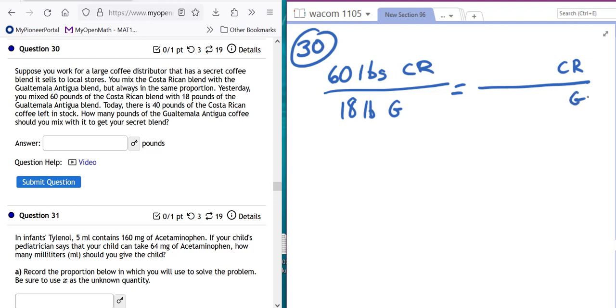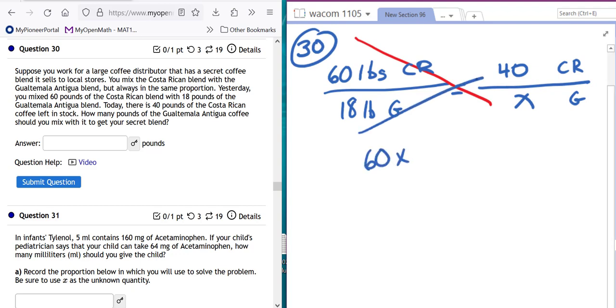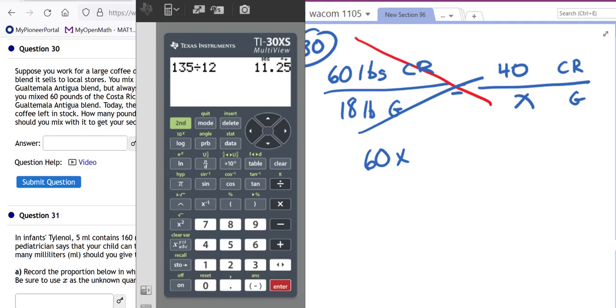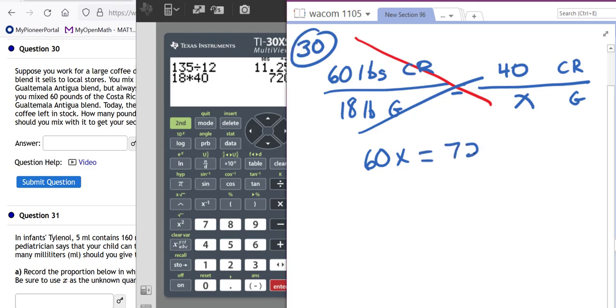Today, there is 40 pounds of Costa Rican. Costa Rican is up here. And how many pounds of Guatemala do you mix with it to get your secret blend? So that is your variable. You're going to multiply across on the diagonal. So you have 60 times x, 60x equals 18 times 40 equals 720, and divide by 60.